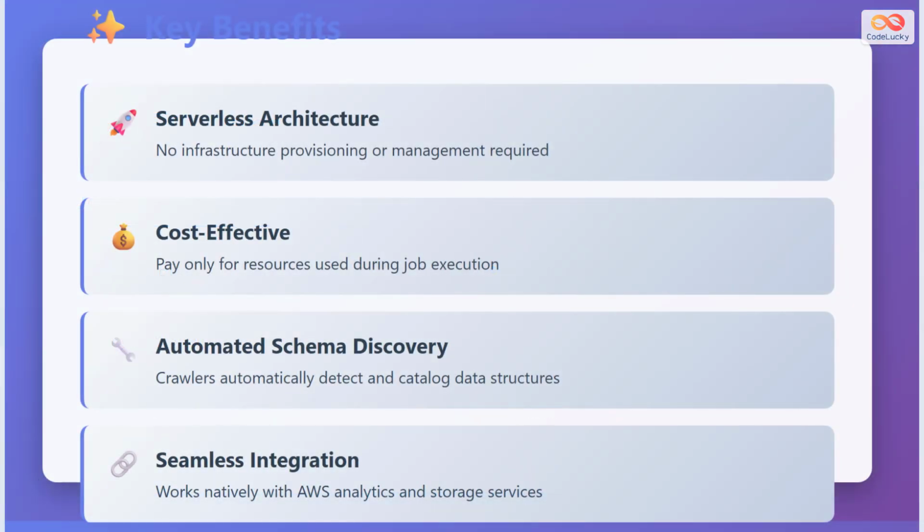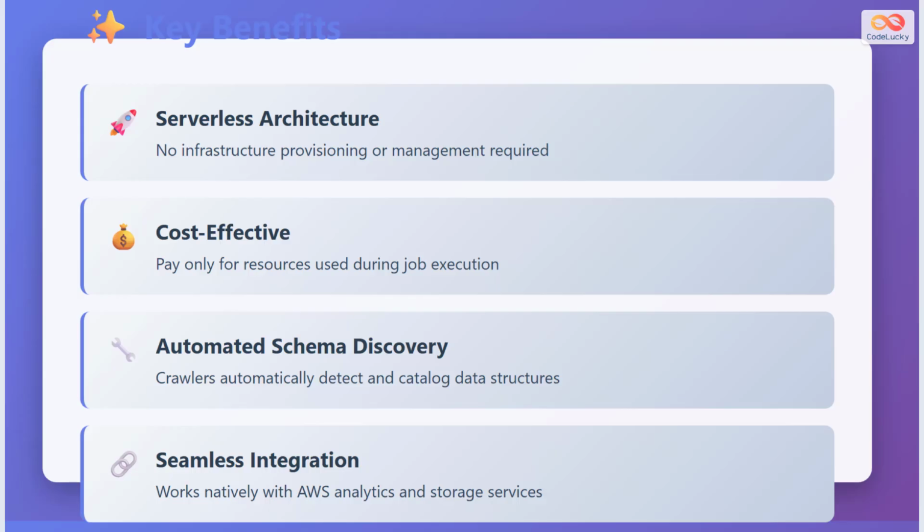Let's summarize the key benefits of using AWS Glue. First, its serverless architecture means no infrastructure provisioning or management is required. AWS handles all the server management, scaling, and maintenance. Second, it's cost-effective because you only pay for the resources used during job execution, with no upfront costs or idle server charges.